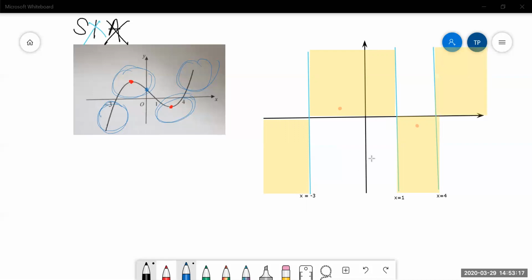We will only be drawing our graph in the yellow portions. We will not be drawing our graph in the white portions. Agree? Yeah, so we already settled the position, right? So now can we draw?